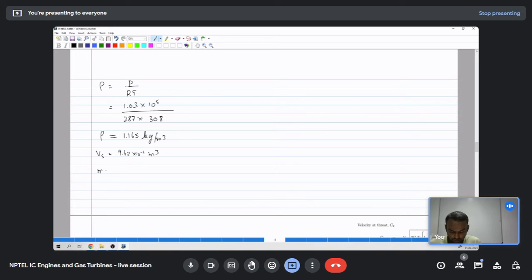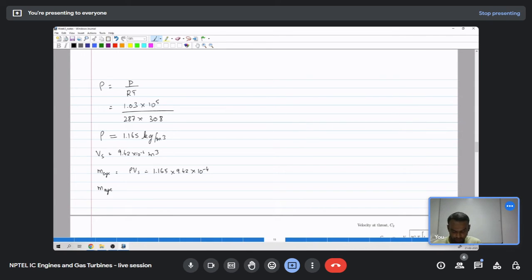So mass in one cycle of the engine can be computed as rho into Vs. So this is 1.165 into 9.42 into 10 power minus 4.